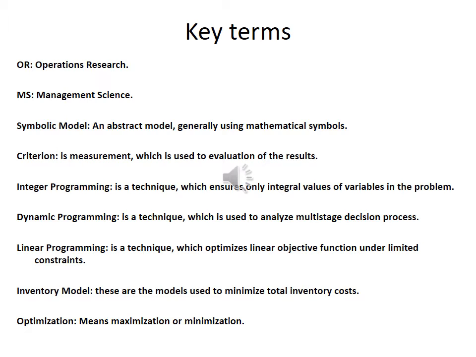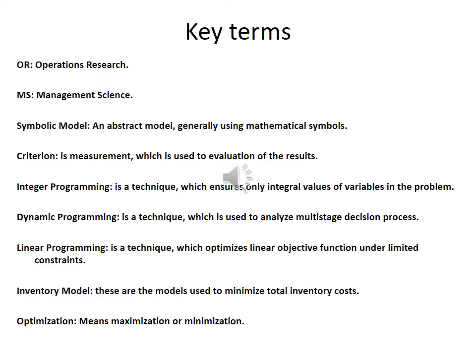Integer programming is a technique which ensures only integral values of the variables in the problem. Similarly, dynamic programming, linear programming, inventory model, and optimization. So here I want to explain optimization. Other terminologies have the definitions written before them.